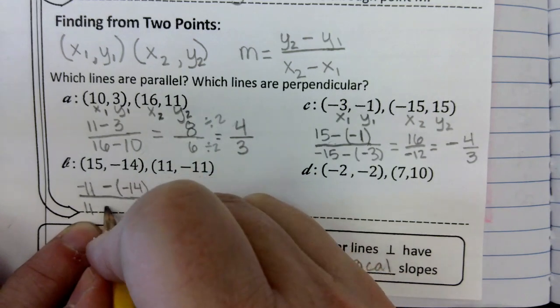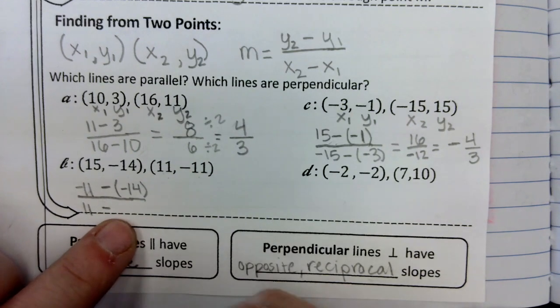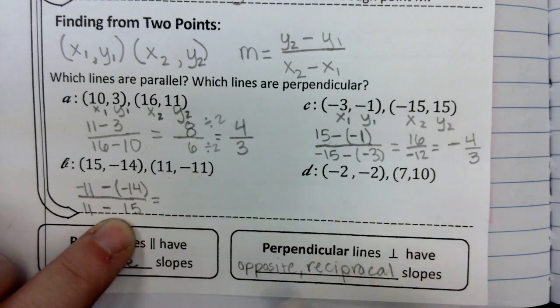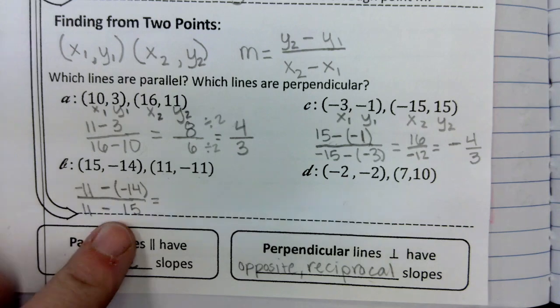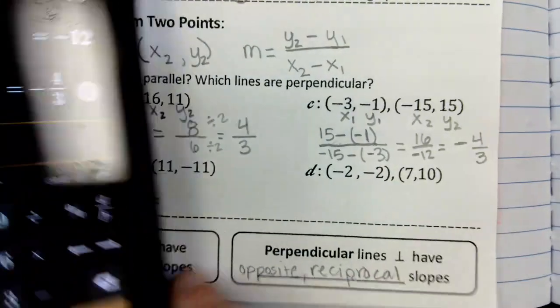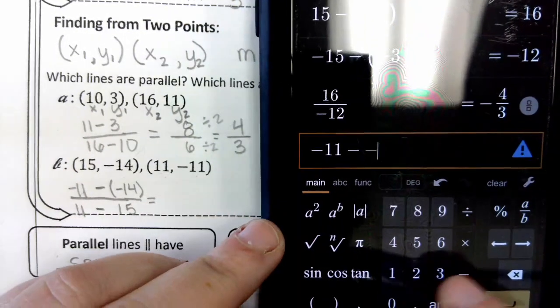All right, negative 11 minus negative 14. We get 3. 11 minus 15. We get negative 4.